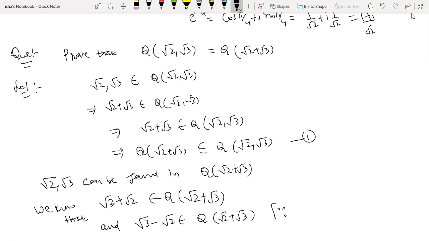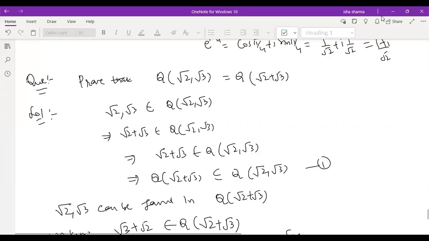Root 3 plus root 2 clearly is there, right? So no doubt in that. But how come root 3 minus root 2 is there? Who is going to give me a reason for this? Why will this element belong here? What is the result? Yes, can anybody tell?